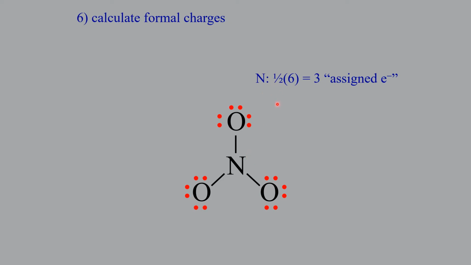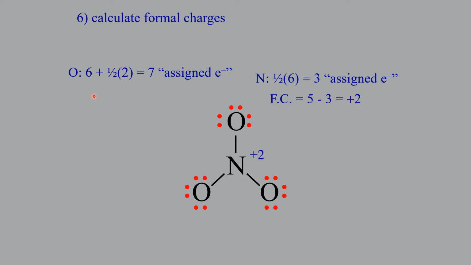So the nitrogen, it has 3 unshared pairs, 6 electrons. It gets half of those. So we can assign 3 electrons to it in that structure. It normally has 5 valence electrons, giving it a formal charge of +2.